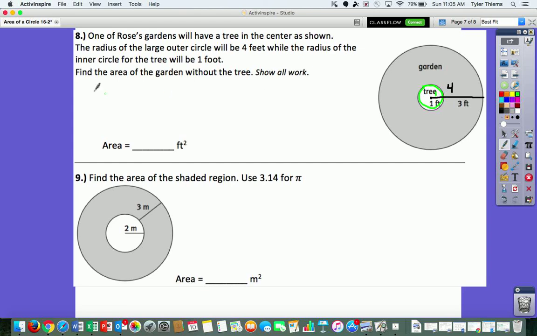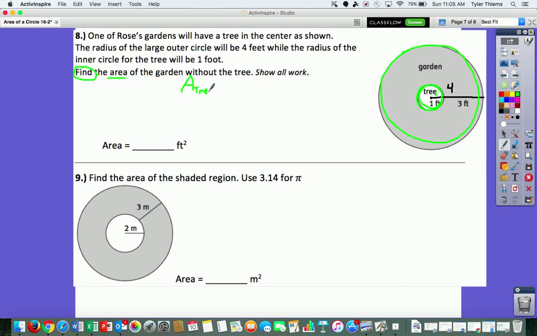Okay, so we need to find the area of the garden without the tree. So if we can find the area of this whole circle here, and then subtract the area of the tree, since the tree is not going to be a part of the garden, then we can find the answer of this question, the area without the tree. So the first thing we'll do is find the area of the tree.